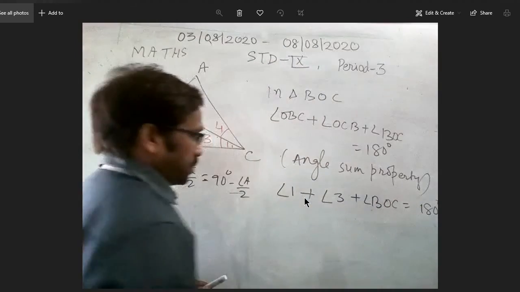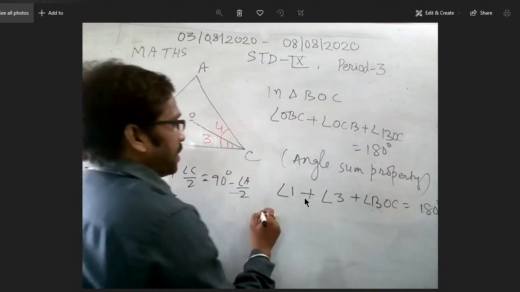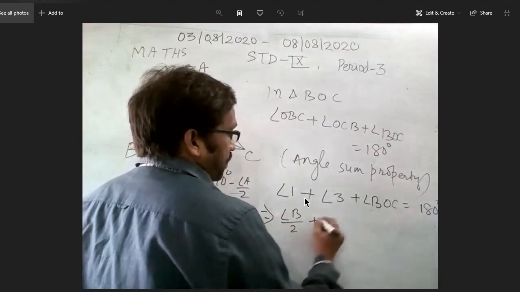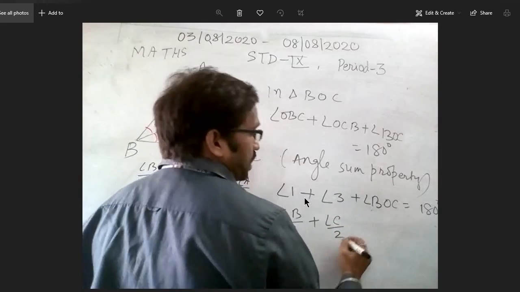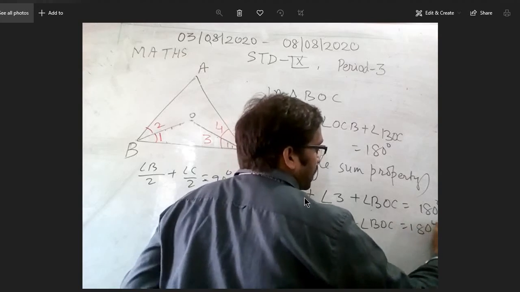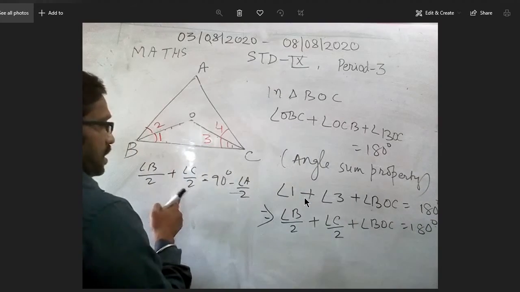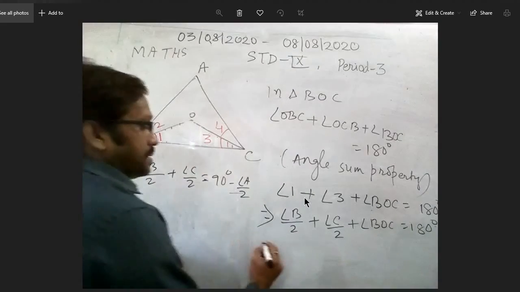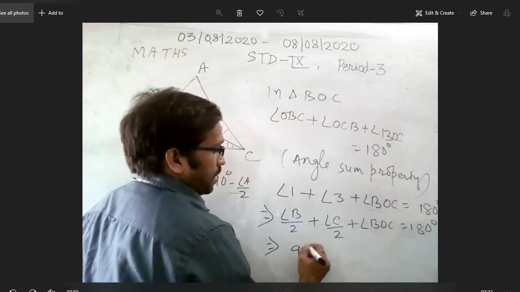Now angle 1 and angle 3 are half of angle B and half of angle C, plus angle BOC, as it is, because I have to prove that is equal to 180. Now from equation 1 that I have written, I can replace the value of half of angle B plus half of angle C.